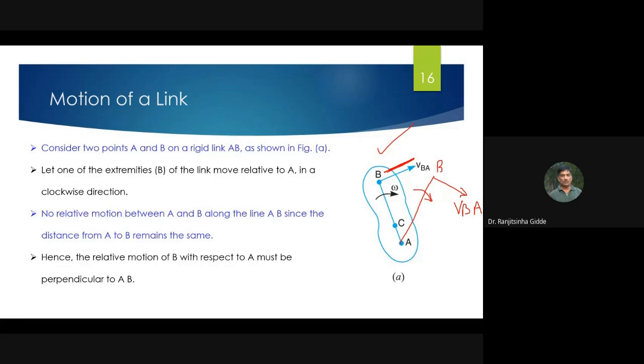So I am showing the same magnitude by showing the same length, as initially shown. So the relative motion of B with respect to A must be perpendicular to this AB, perpendicular to this AB dash, the new position. So this VBA is perpendicular to this AB.